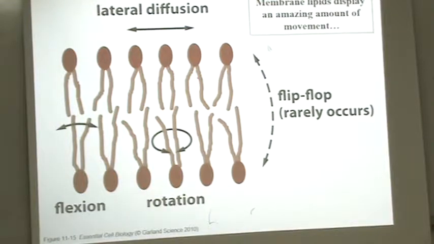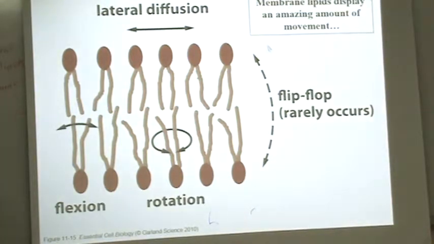So the next thing I want to talk about is how membrane lipids move and how membranes generally move. Lateral movement of phospholipids is frequent.